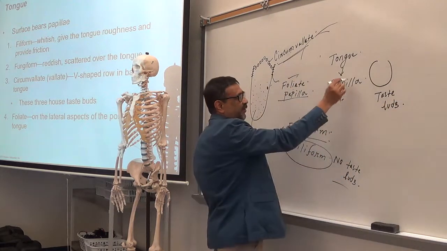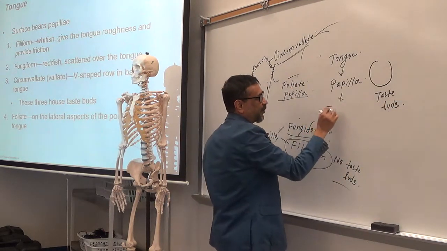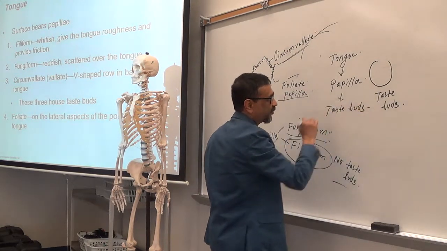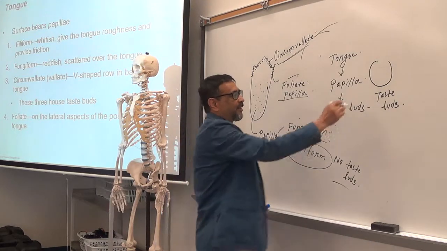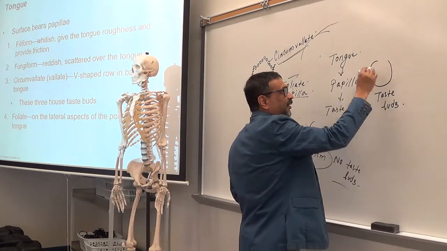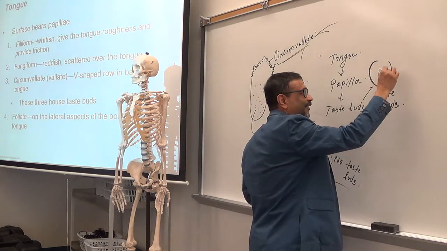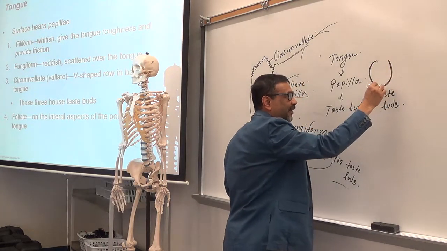So inside the papilla, you have taste buds. And if I see one taste bud, it looks like an orange. Of course, not that big. You have to see it under the microscope.